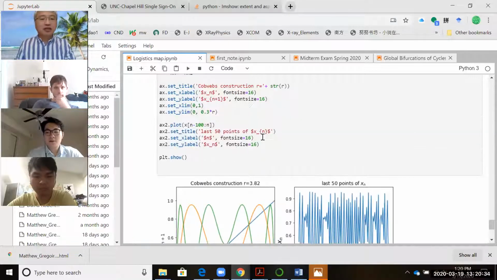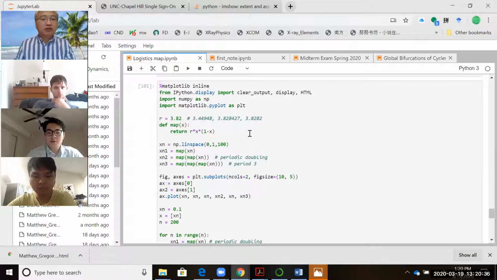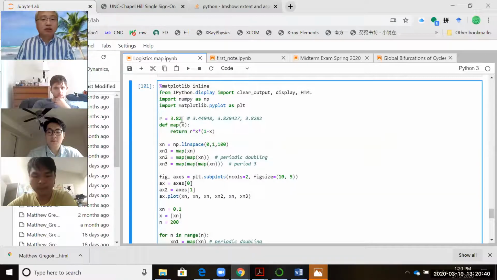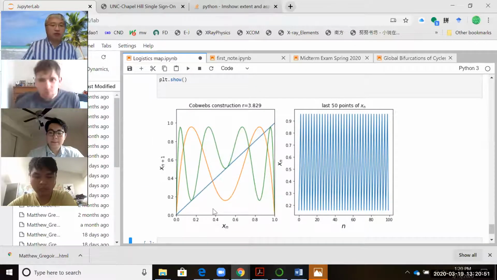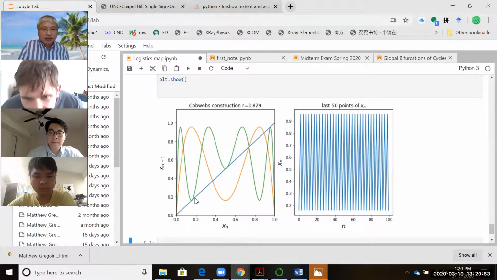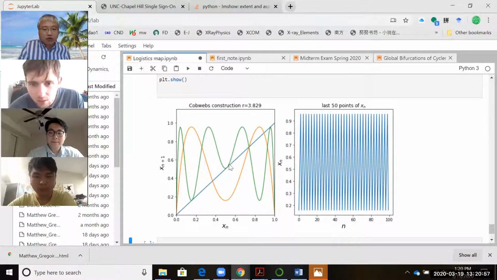Let's go close to this value, so maybe 3.829. This will be period 3. Now you can see, this is just a little bit beyond that value, so now all these three lobes touch, and I develop period 3.